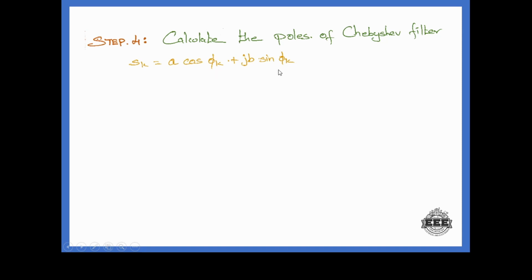Based upon these poles only, we can mark the values in the graphical sheet. The k value varies from 1, 2, 3 up to N. What is N? This is the order of the filter. Up to the order of the filter, k is going to vary here. Okay. Then pi k. What is the formula to determine pi k?